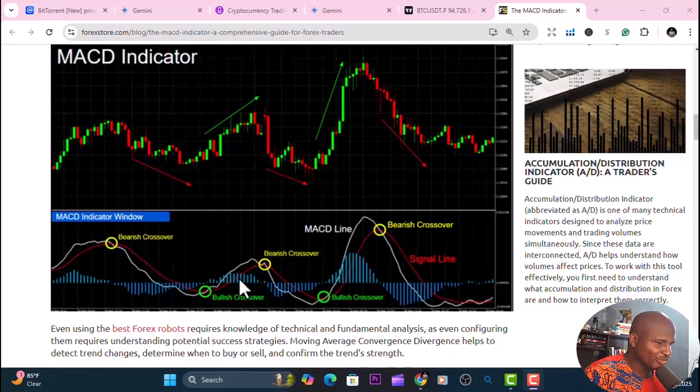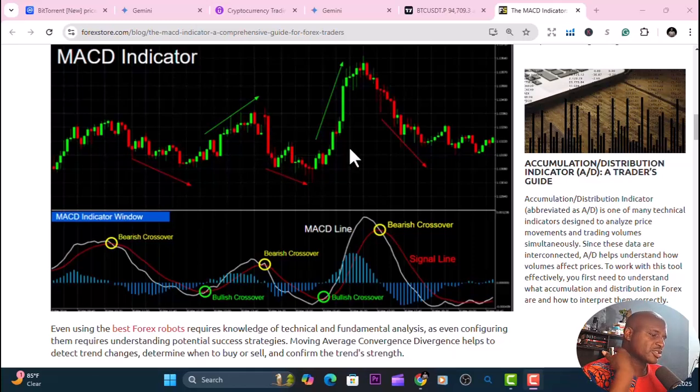When you get here, around this side, the white line, which is the MACD line, crossed the signal line, and you saw that there was a bullish movement here. There was an uptrend there. And within this side, we had a bearish crossover whereby the white line, the MACD line, came down, and you will see that the price also plumbed down.